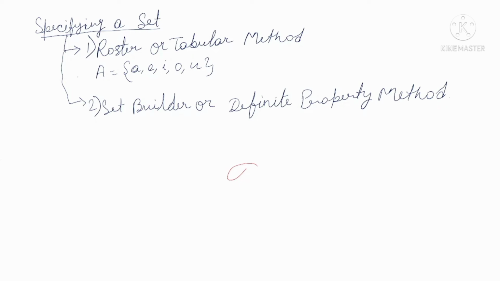And the second one is set builder or definite property. So how do we represent this one?